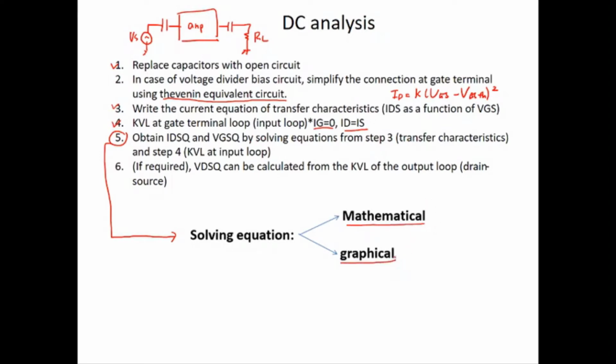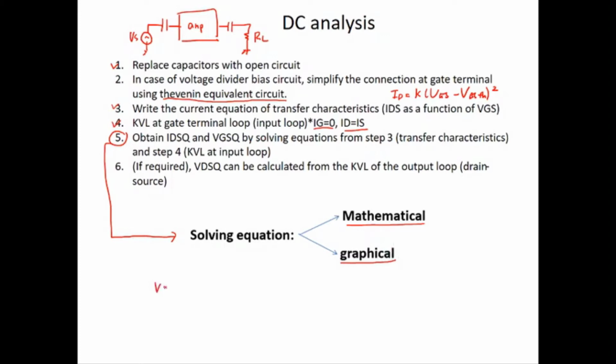From this, you can get the solution, and you can expect two solutions from these two equations, because the transfer characteristic is a quadratic equation. So you have two possible solutions.